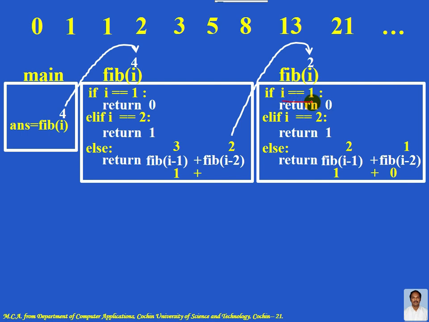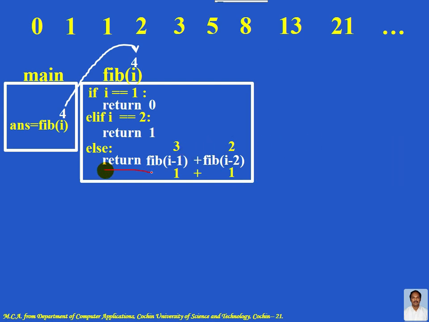Now 2 equal to 1, wrong, control comes to else part. 2 equal to 2, correct, so return 1. 1 is returned to the point from where the function was called. So your answer 1 appears here. In a temporary variable, the answer 1 is saved. This is completely executed. Now finally return 1 plus 1, 2, return 2.